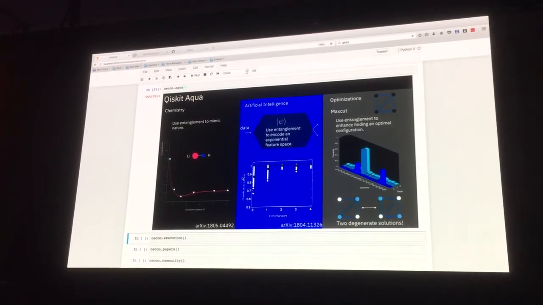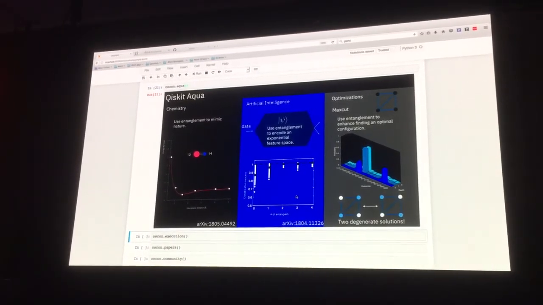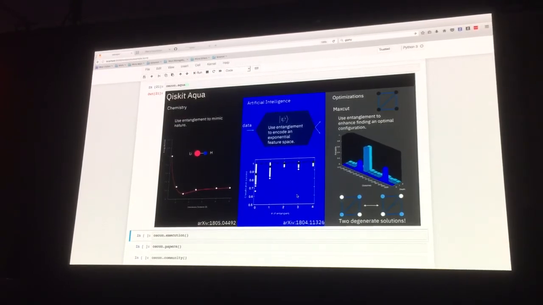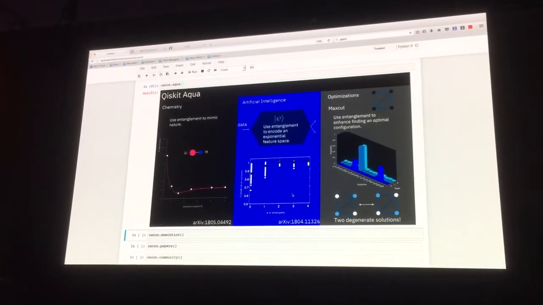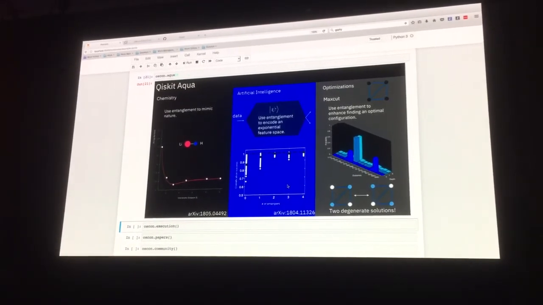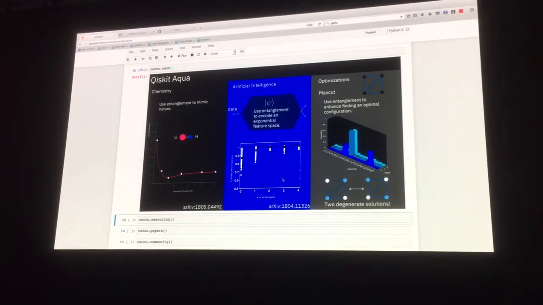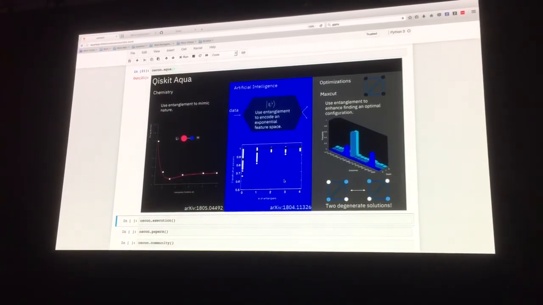And we've shown recently in a paper that by simply adding more and more of this entanglement resource, we can get better classification for this toy data. And the third, which is probably at most only ever going to have a polynomial speed up, is exploring different optimization problems. And so you can use the entanglement to explore these in different ways.